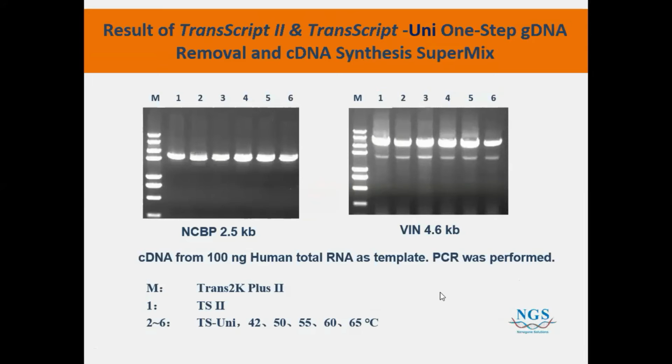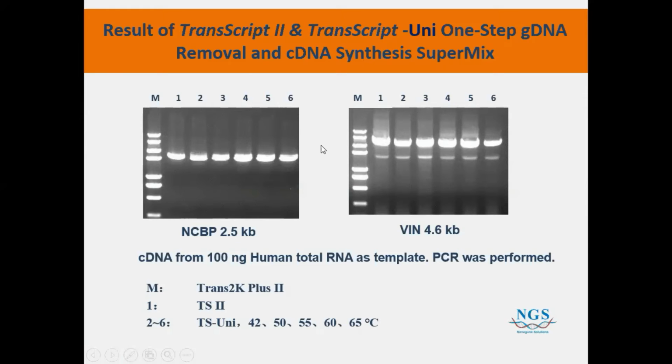So this is the result comparison using transcript tool, which is lane number 1, okay, and lane 2 to 6 is using transcript uni at different temperature. So here we can see that using transcript uni at 65 degrees Celsius, it will greatly reduce the background and also increase the sensitivity.